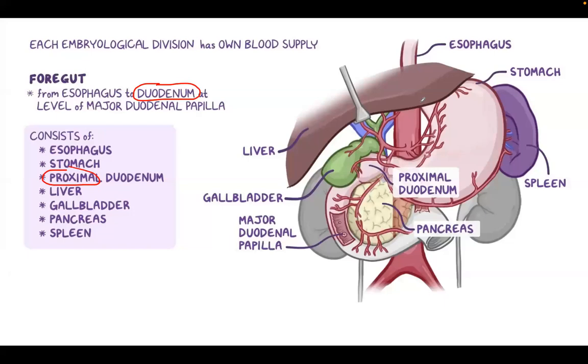Whether it's the proximal or the distal duodenum, because the foregut is the proximal duodenum. The midgut is the distal duodenum. So all of the structures you see here on your right, these are the structures, okay, the abdominal viscera, which arises from the foregut, okay?